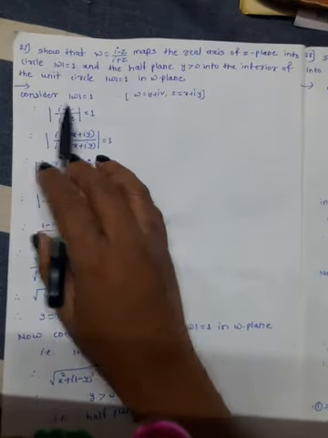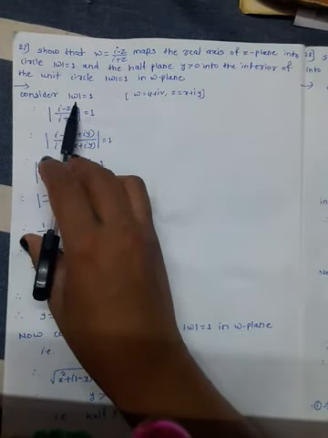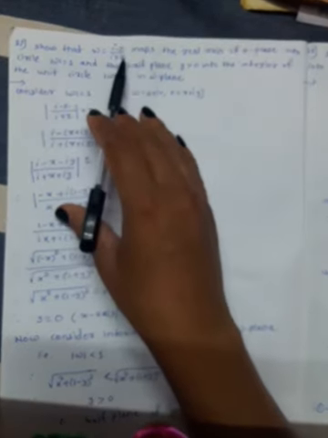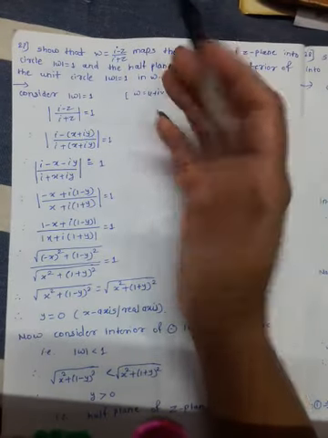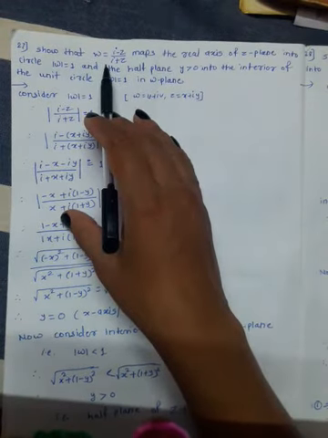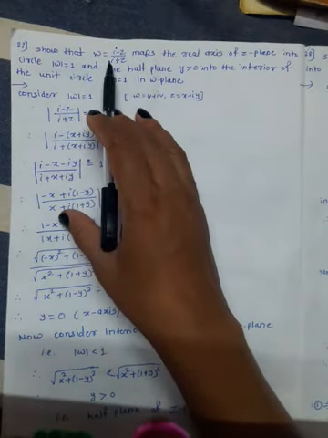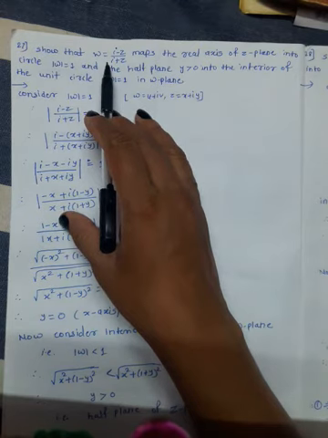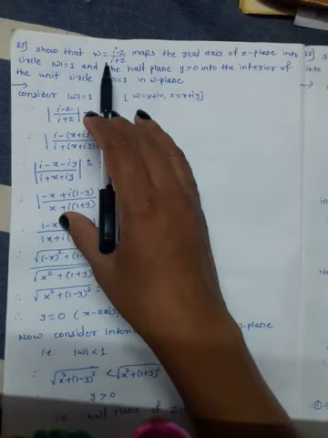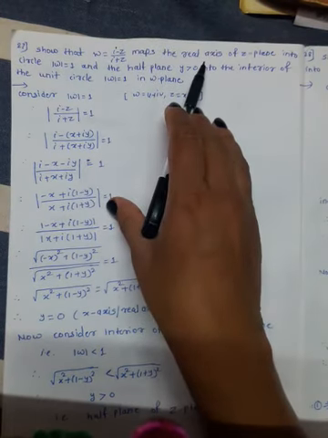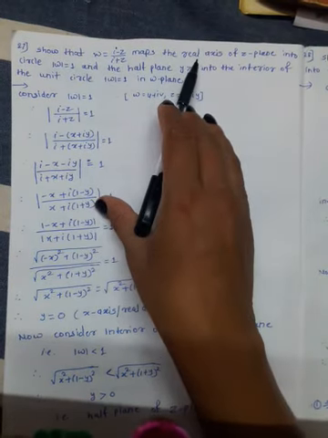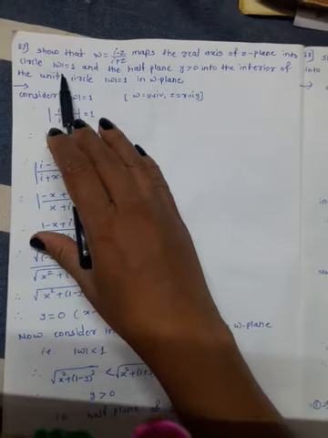Now let us start from this. What is the method for such types of questions, where we have a transformation given in the example, and under that transformation we have to start from this and show this is the real axis, or you can start from the real axis and show that mod w is equal to 1.